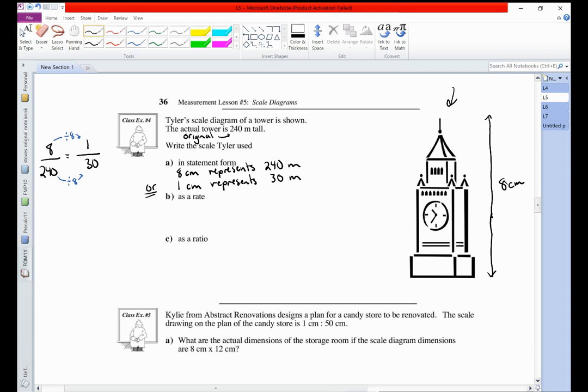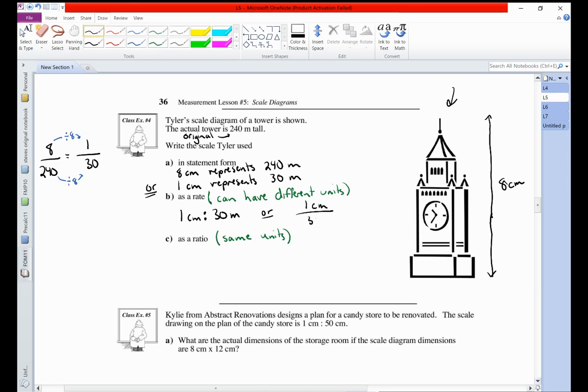So as a rate, we know a rate can have different units. But a ratio has to have the same units. That's the difference. Okay, so as a rate, we would say 1 centimeter is 30 meters, or you can do it as a fraction if you wanted to.